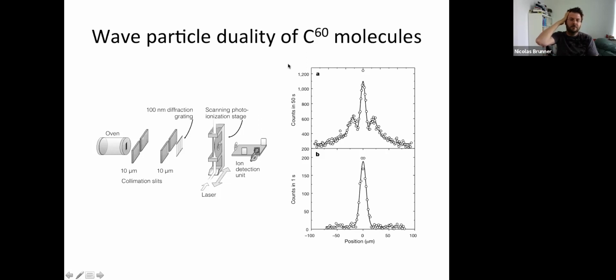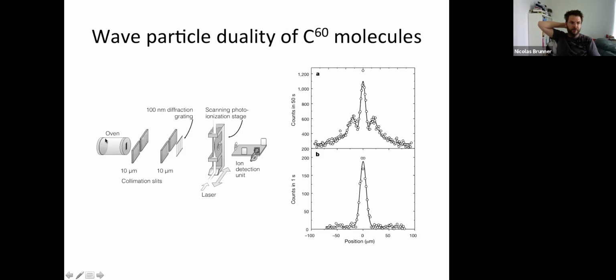This is an experiment demonstrating the self-interference, or the wave-particle duality, of very big molecules. C60, so you have 60 carbon atoms. These are the so-called buckyballs, because they look like a football. Here is the sketch of the experiment.